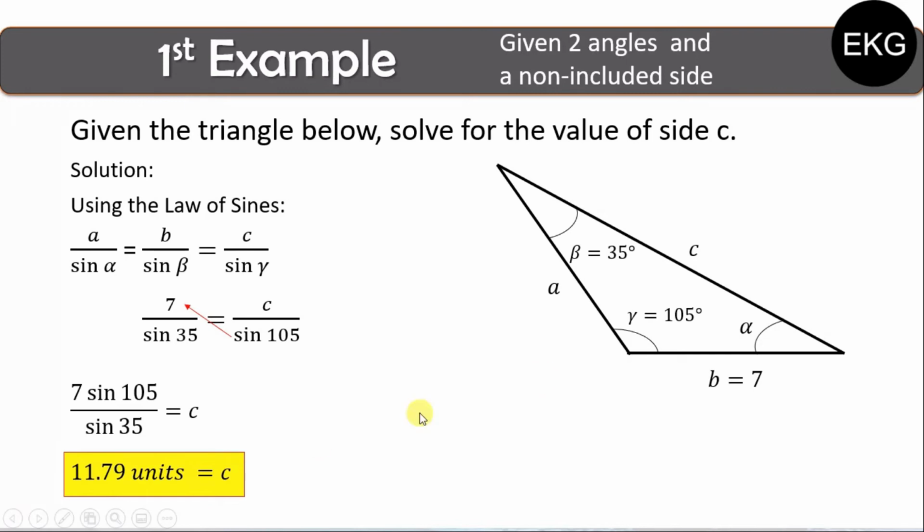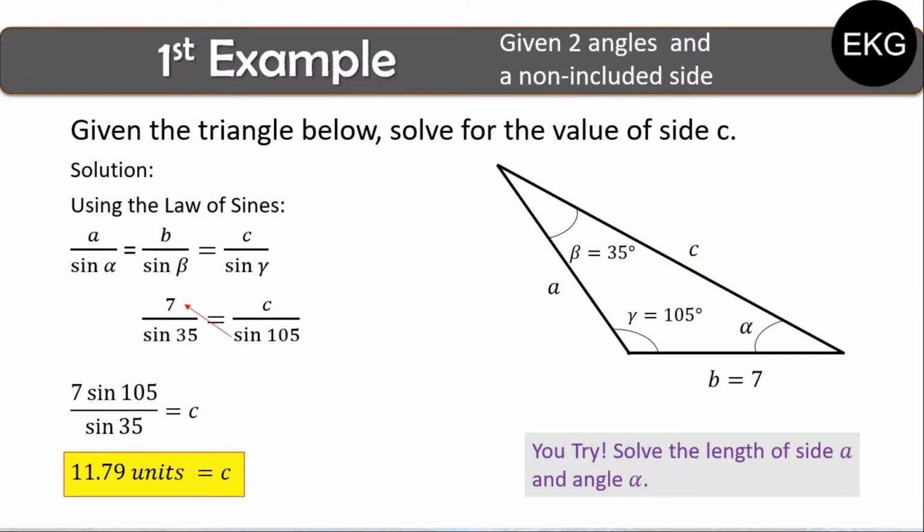Okay? So, meaning pala, itong value na to is 11.79 units. Now, you try. Solve the length of side A and angle alpha. So, try ninyo. Paano nyo masosolve yung side na yan at yung angle alpha?